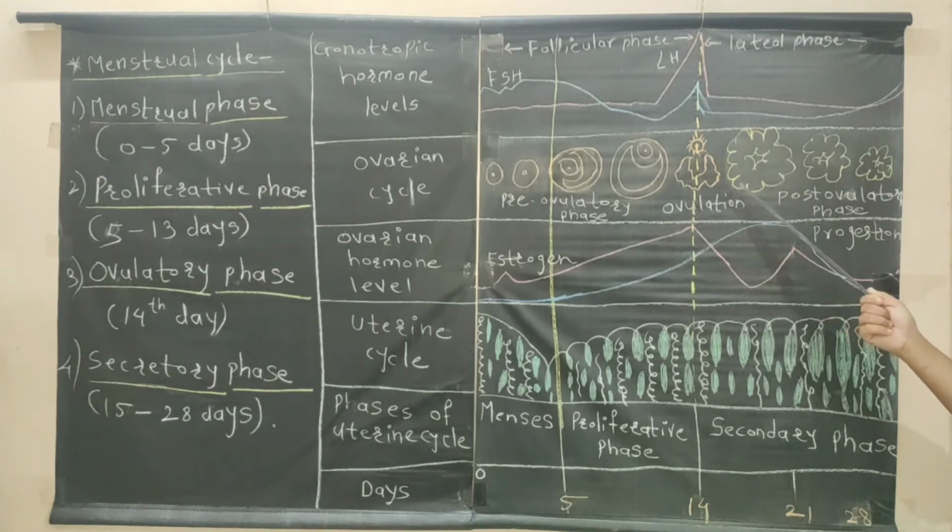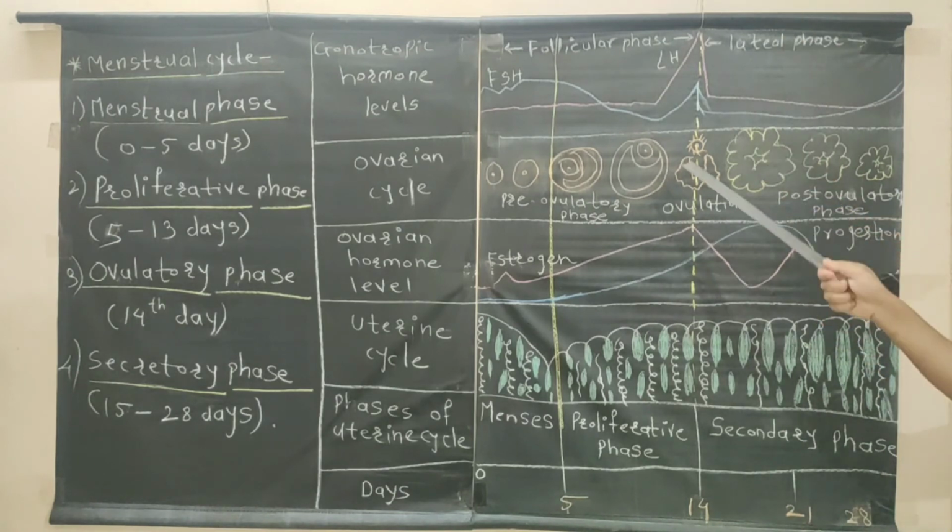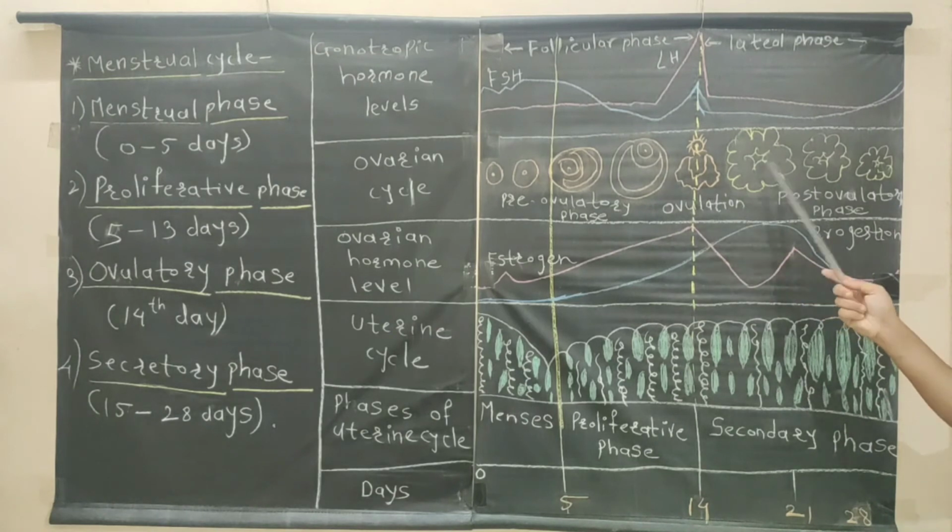That means it involves the rupturing of a follicle. Follicle means the Graafian follicle, and it releases the ovum into the pelvic cavity. Because of the hormones, that particular ovum gets released. In this phase, a female could get pain in the lower abdomen.